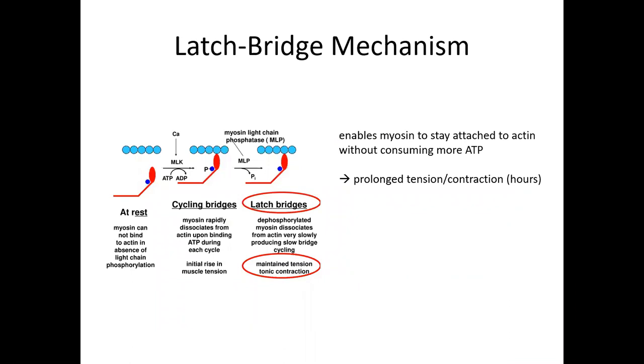And so this is what enables myosin to stay attached without requiring any more ATP. Basically, I've broken it down into three little parts on the pictures and put some words there so that you can read them on your own. The details of this are not super important.